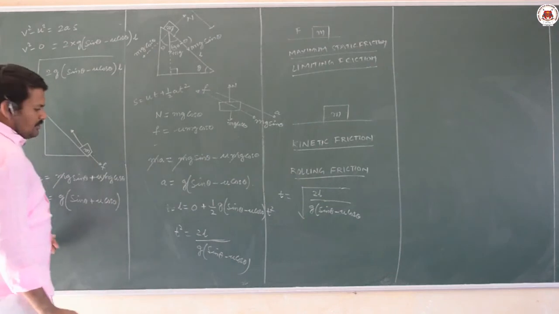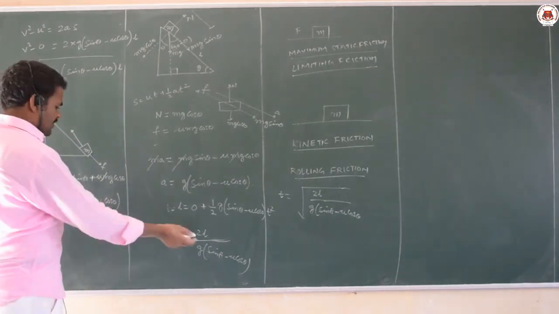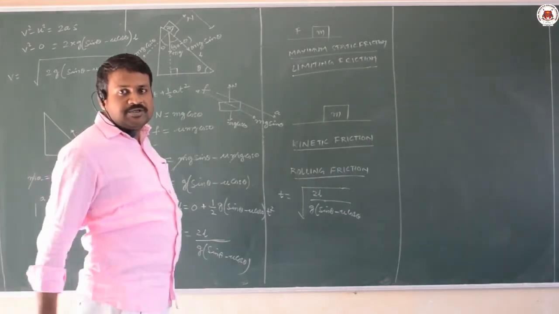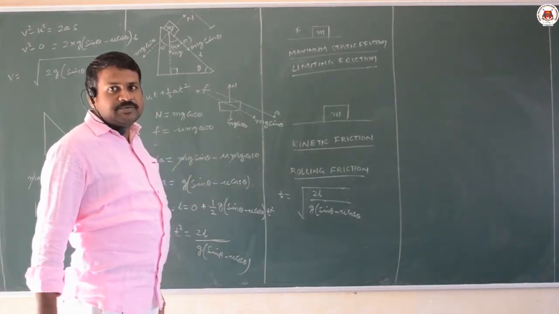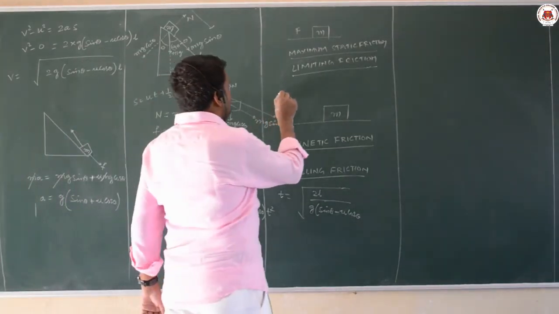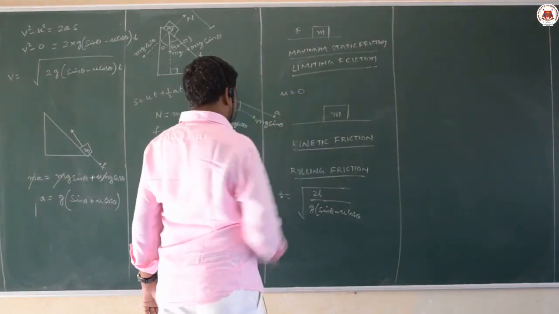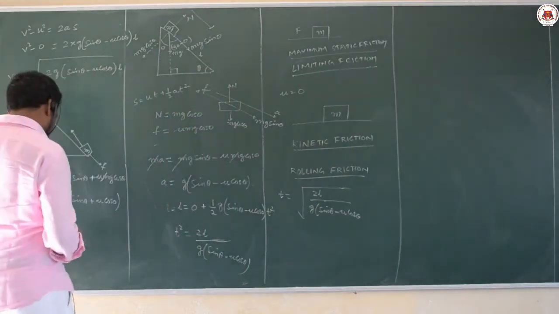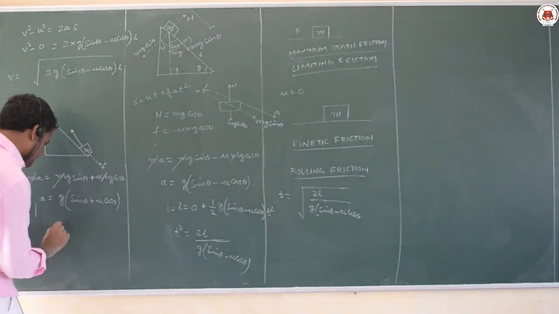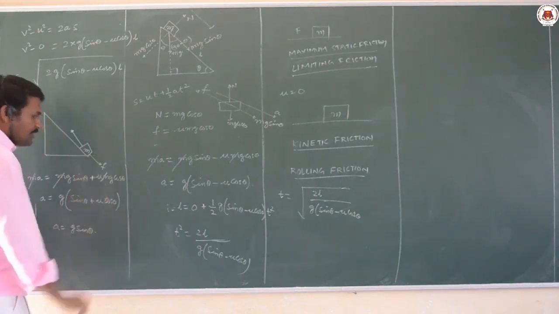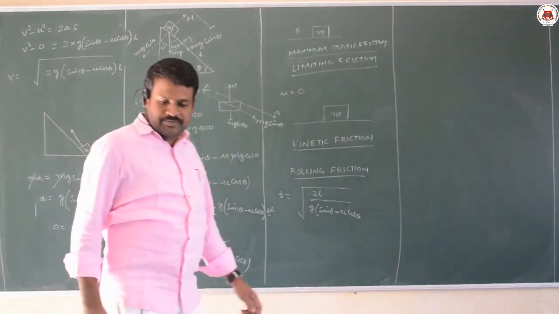Then in place of acceleration you can substitute this formula. Suppose the plane is smooth, you can take mu is equal to 0, then acceleration a is equal to g sin theta.